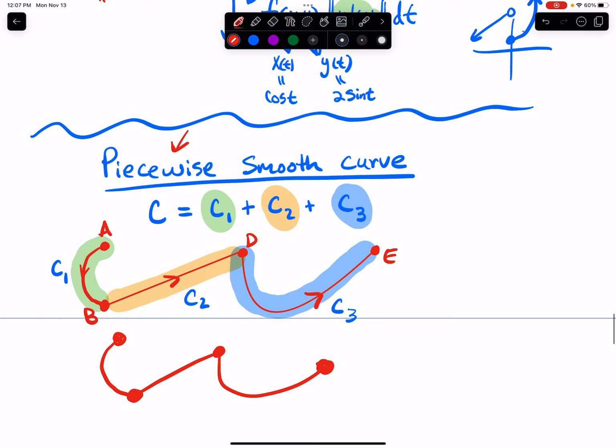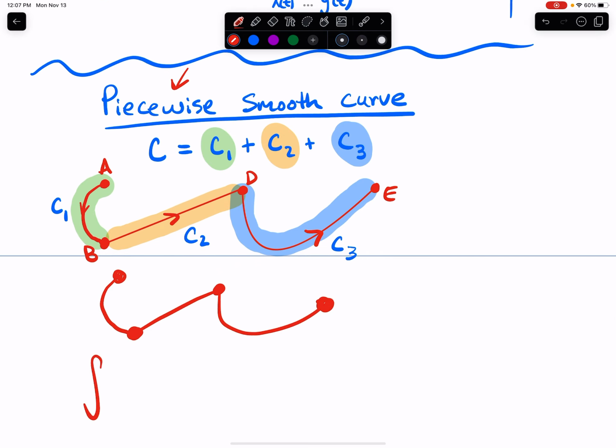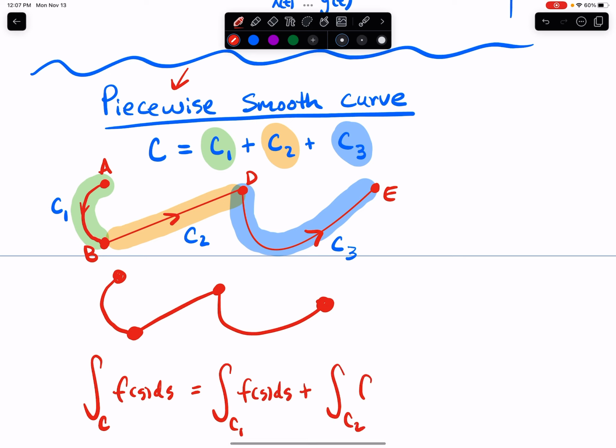And so we could break this integral up. Instead of doing the integral over C of f of s ds, we could do the integral over C1 of f of s ds plus the integral over C2 of f of s ds plus the integral over C3.